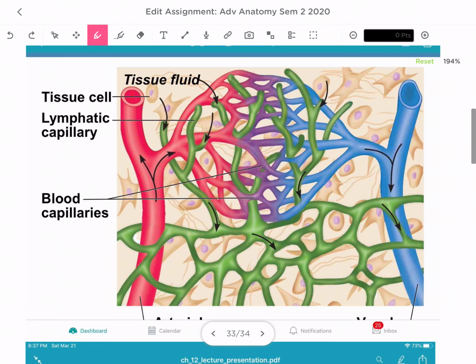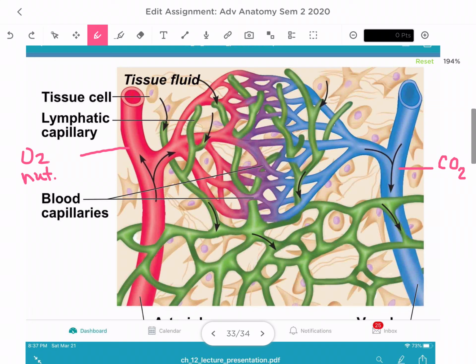If the vessel is drawn in red, that means it has lots of oxygen and lots of nutrients ready to be distributed to the cells in the capillary beds. And if it's drawn in blue, like this one over here, that means it has lots of carbon dioxide and is nutrient low, because it already gave those good things like oxygen and nutrients to the cells around the capillary beds.